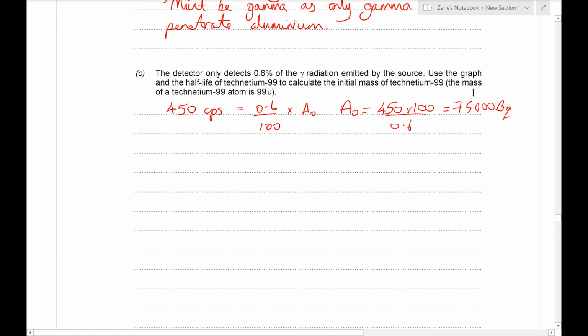We can use a decay equation if we wanted to. Sorry, we don't need a decay equation for this one actually. What we can use the half-life to work out is the decay constant. So the decay constant, lambda, is ln 2 over the half-life, but we're going to need to turn that half-life into seconds.